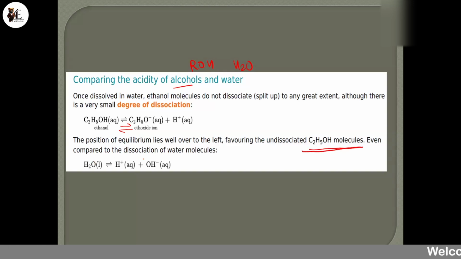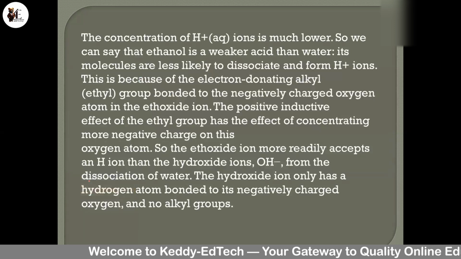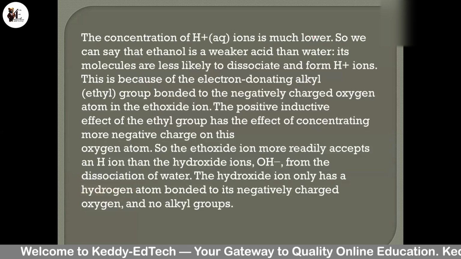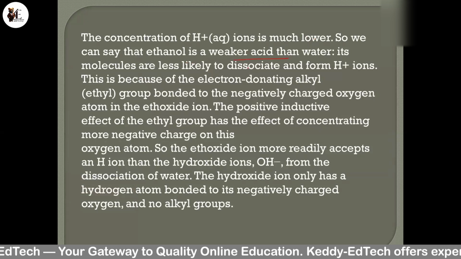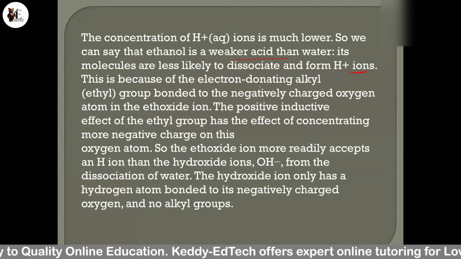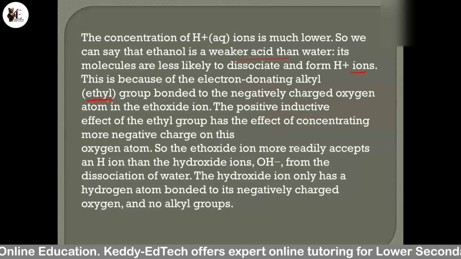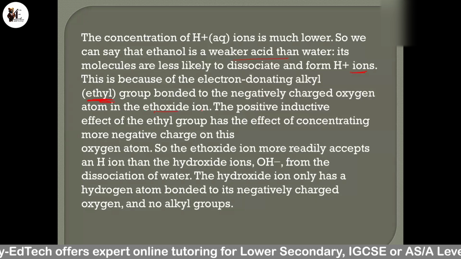Water also is not completely dissociated into H+ and OH- ions, but the concentration of H+ ions from ethanol is much lower. So we can say that ethanol is a weaker acid than water. Its molecules are less likely to dissociate and form H+ ions because of the electron-donating alkyl group bonded to the negatively charged oxygen atom in the ethoxide ion.